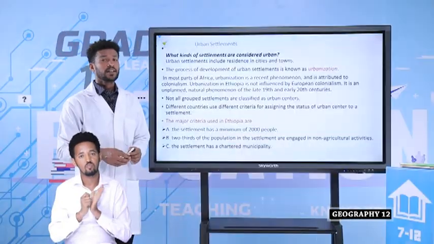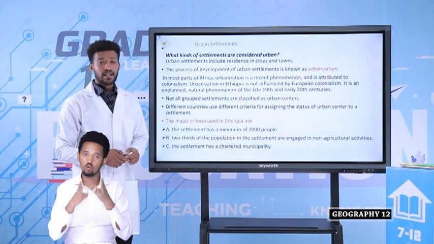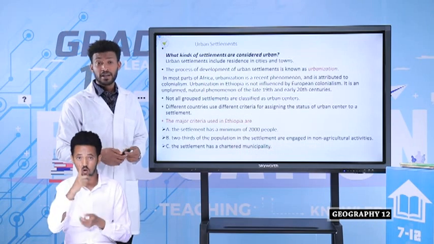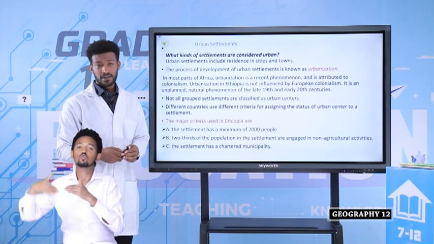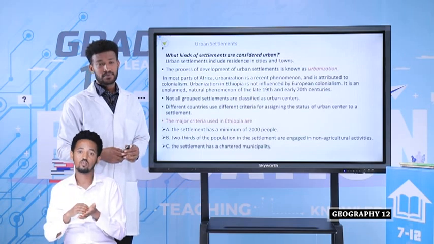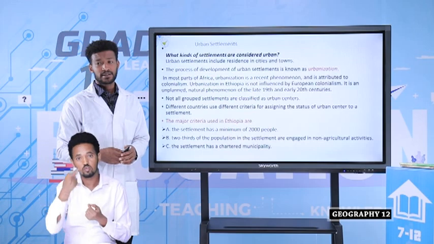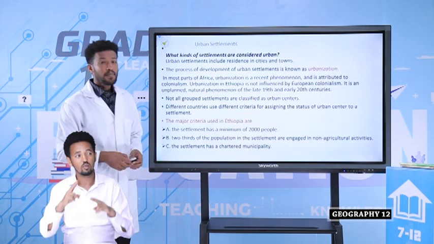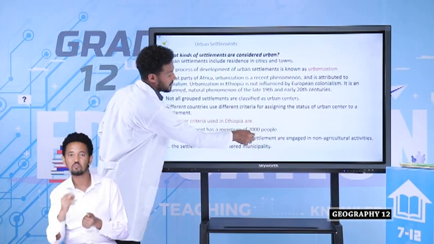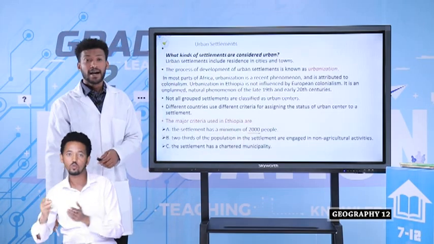For example, in the world criteria, one place has to be settled with more than 10 to 100,000 people to be said urban. But in Ethiopia, a settlement has a minimum of 2,000 people in order to be said urban.